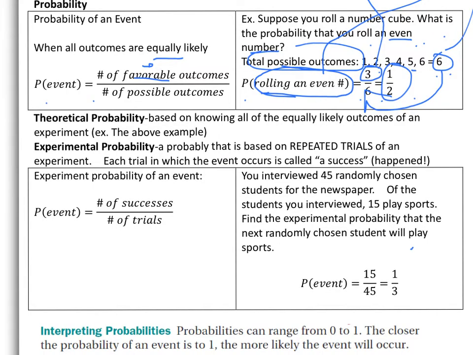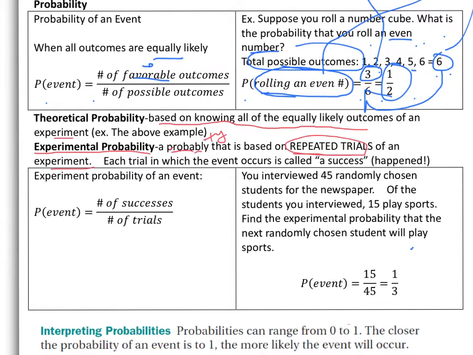The above example that I just explained is called a theoretical probability because it's based on knowing all the equally likely outcomes of an experiment. There's another kind of probability, and we call that the experimental probability. This is the probability that is based on repeated trials of an experiment, meaning a person keeps on doing the same thing over and over again.